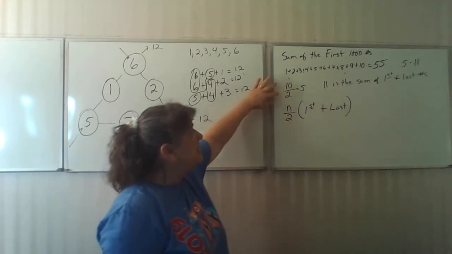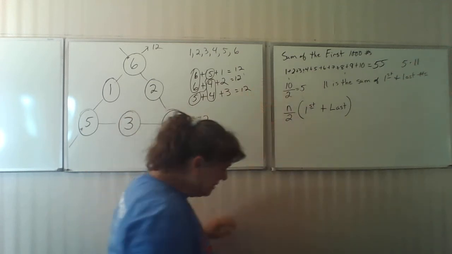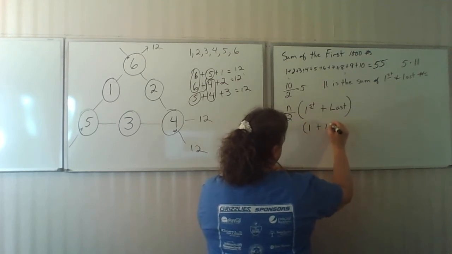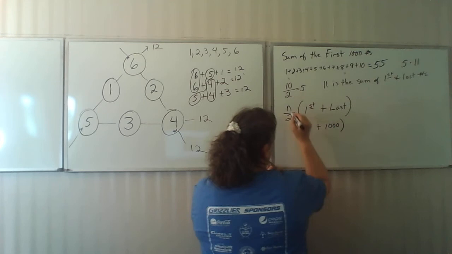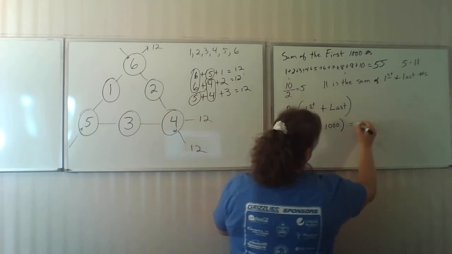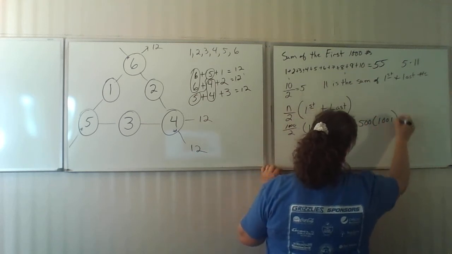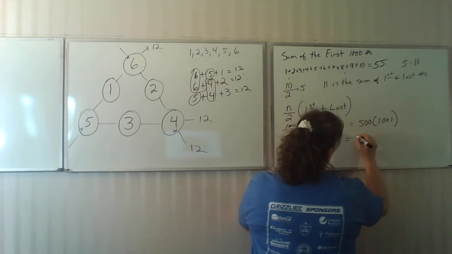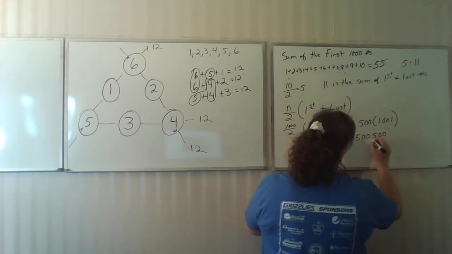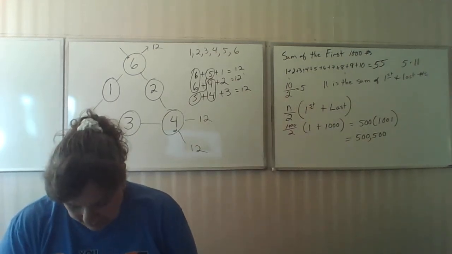Okay, you see how we did a simpler one and saw the pattern, and now we're going to apply the pattern to this one. So first and last number here would be 1 plus 1,000, and 1,000 divided by 2. So this is 500 times 1,001, which is equal to 500,500, which is correct.